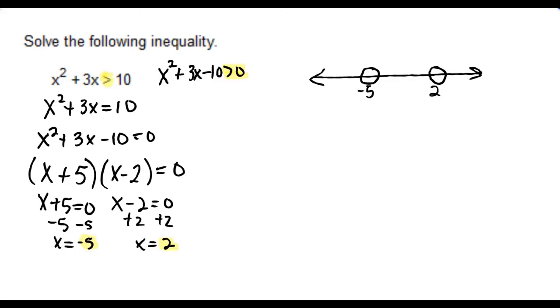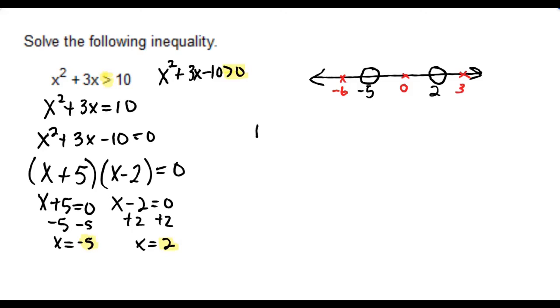Well, now what we need to do is test each one of these intervals to see which one of those intervals will make our inequality true. So I'll choose a test point in each interval. I can use a test point of -6 in the leftmost interval, a test point of 0 in the middle interval, and a test point of 3 in the right interval.